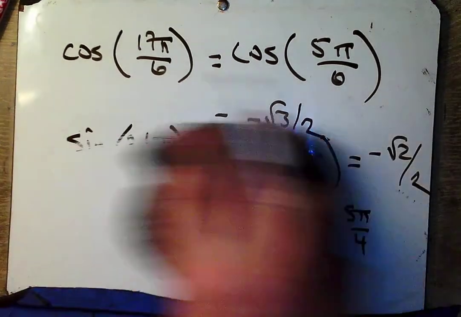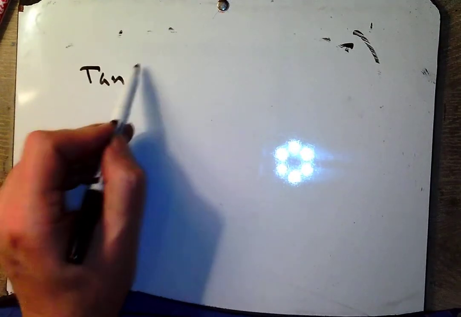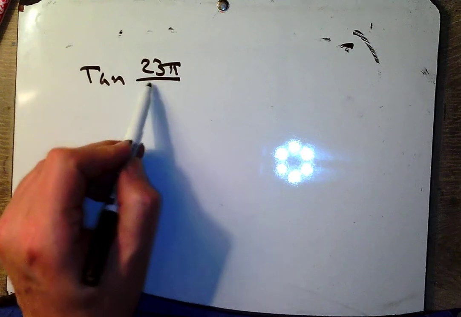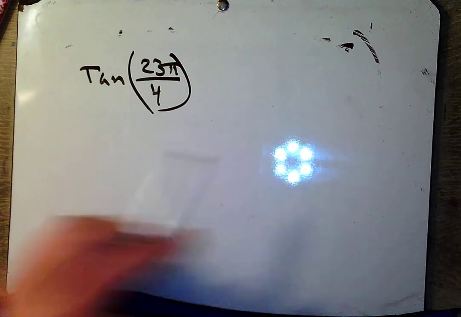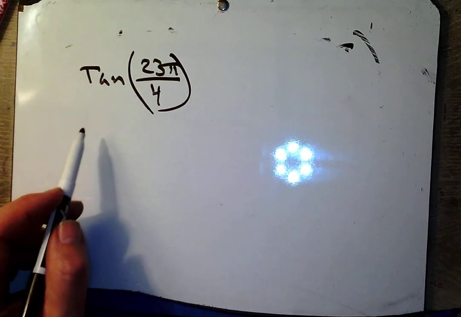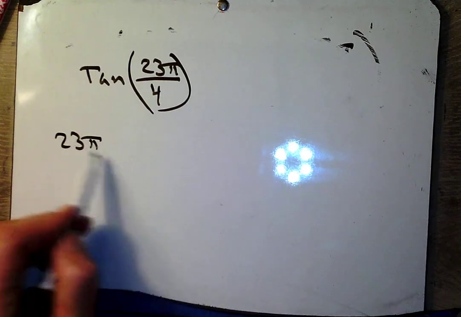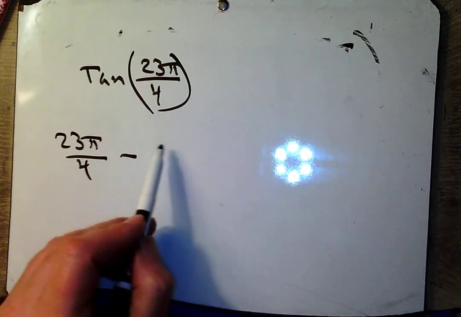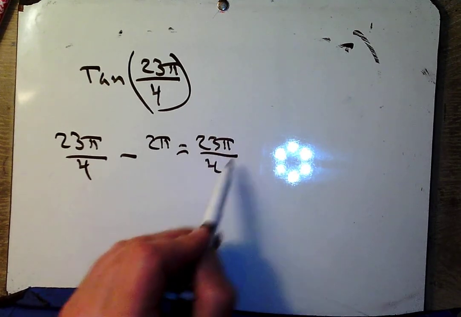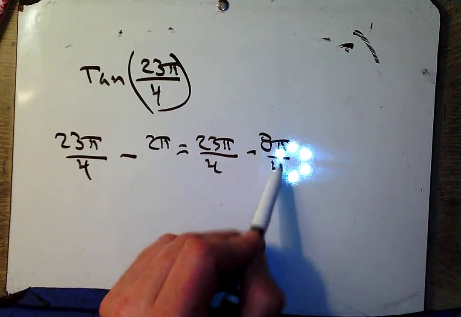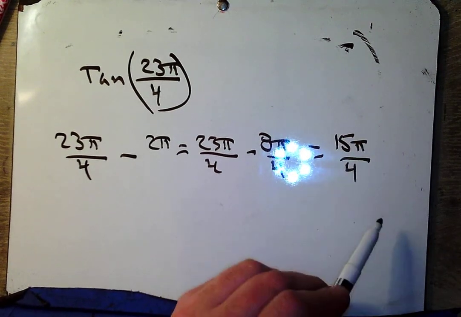Okay? How about this one? Tangent of 23 pi over 4. Yeah, so 23 pi over 4 minus 2 pi, that's the same as 23 pi over 4 minus 8 pi over 4, and that gives me 15 pi over 4.